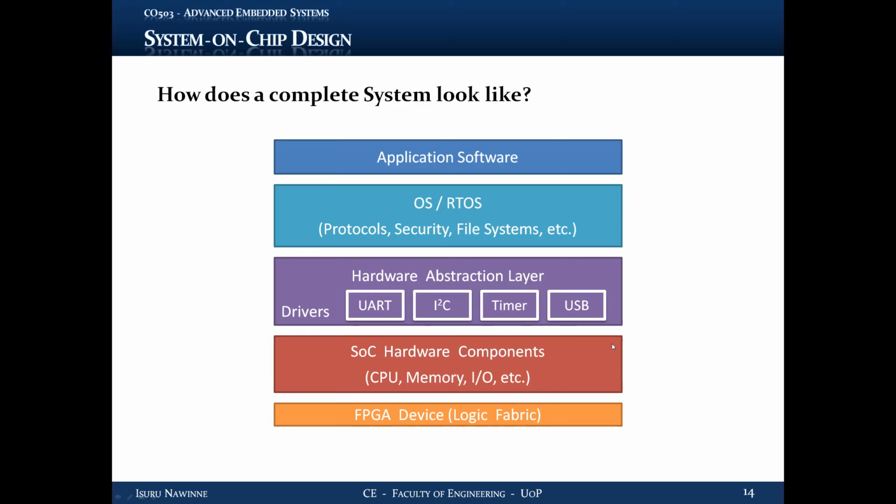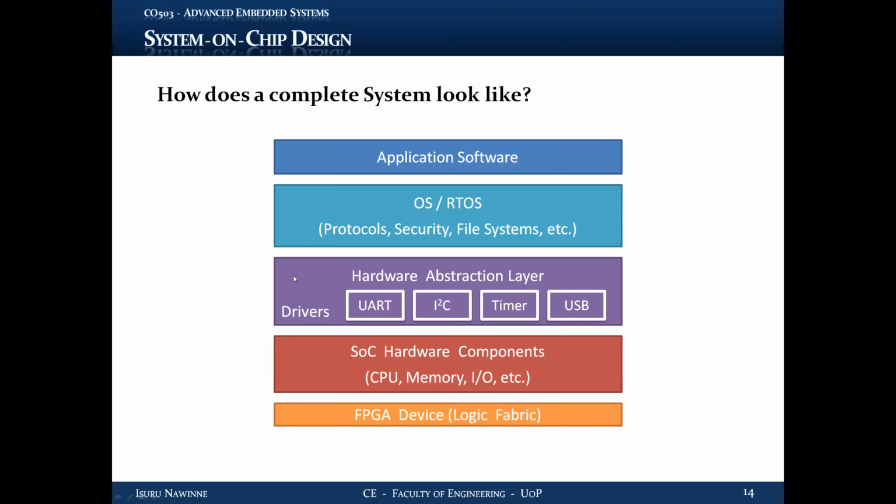In the lower level, you have the SoC hardware components, CPU, memory, cache, ADC, counters, whatnot, right? All the components of your SoC. And that is hosted by the FPGA, the logic fabric, right? So the logic fabric itself is configured to act as the system on chip.